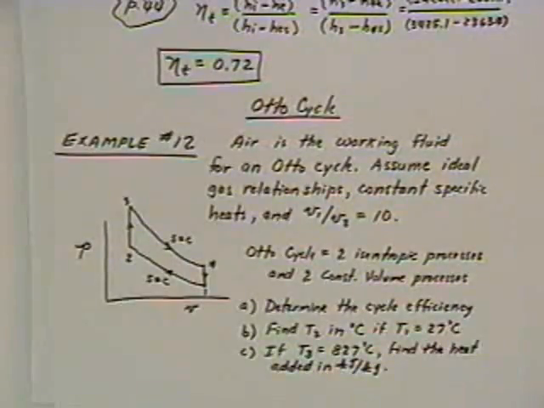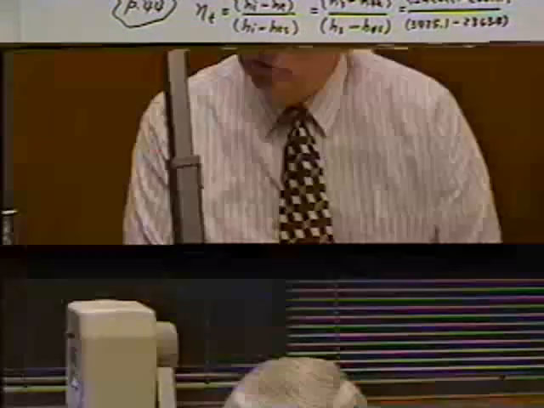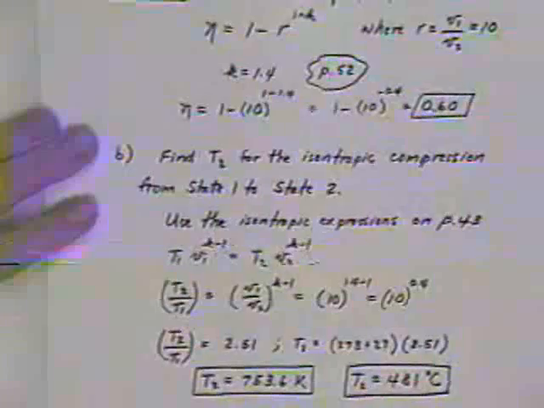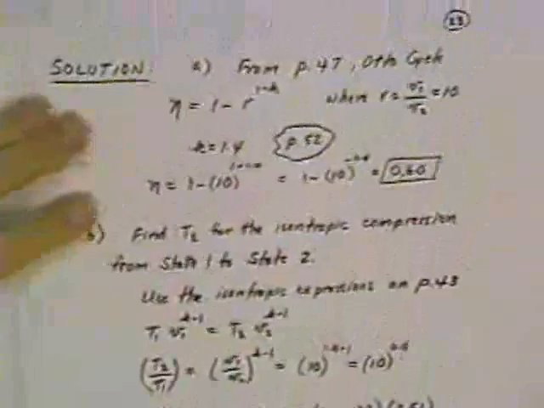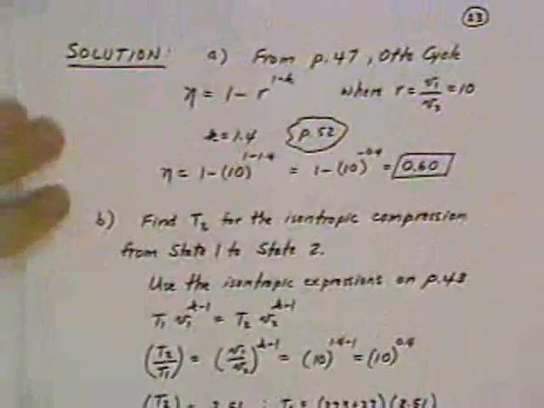So these are some very typical types of questions and problems that you might have to work on an Otto cycle where air, or some other ideal gas, is the working fluid. So let's go through now and do the analysis and determine the solution for this particular problem, first of all the cycle efficiency.